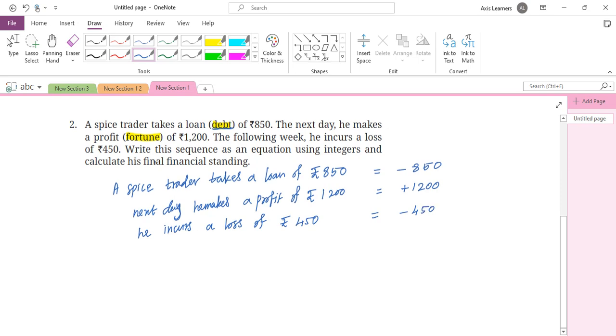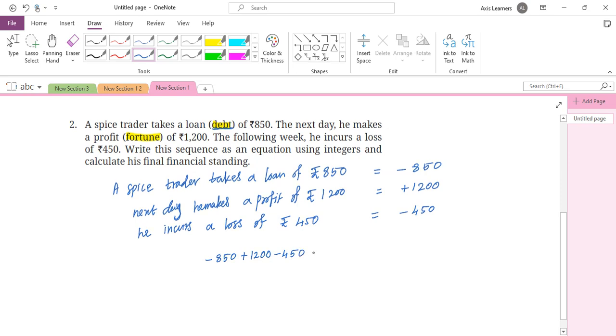Write this sequence as an equation using integers and calculate his final financial standing. See here, this is the order, so we can write it. First he is taking a loan from the bank, that is minus 850. Then he got a profit of rupees 1200 and a loss of 450.